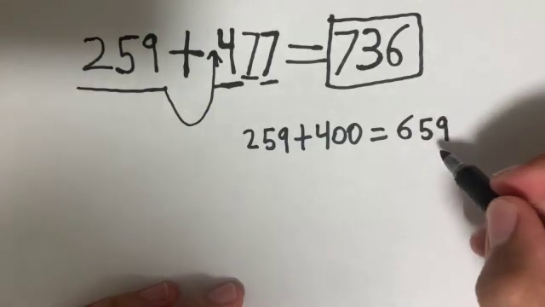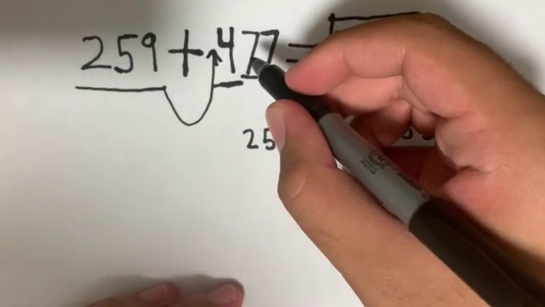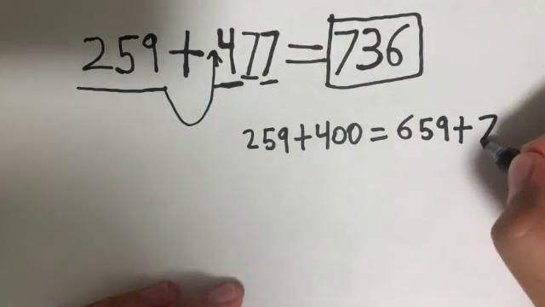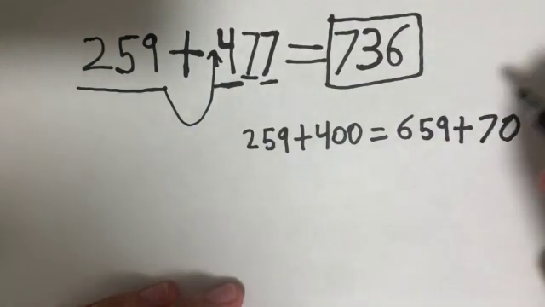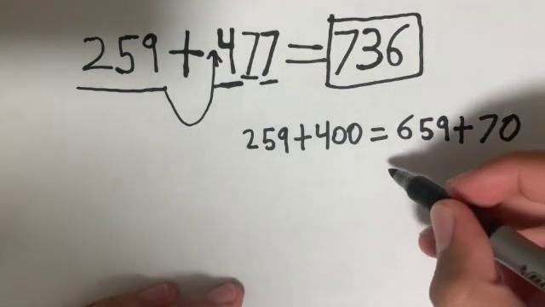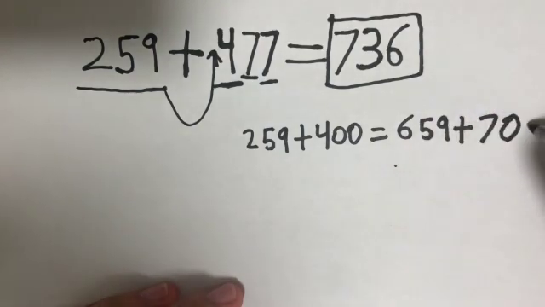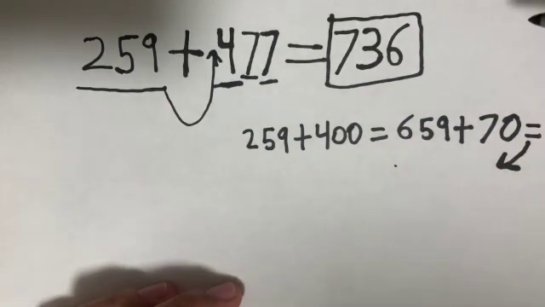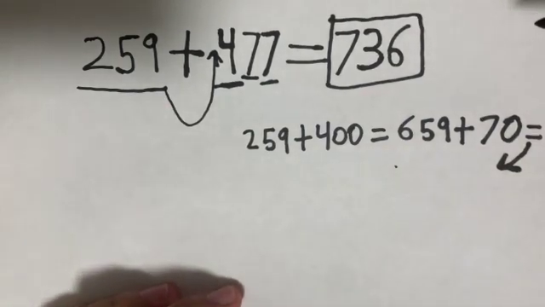You take the 659 and add 7 tens, so 70. 659 plus 70 is going to equal 729.